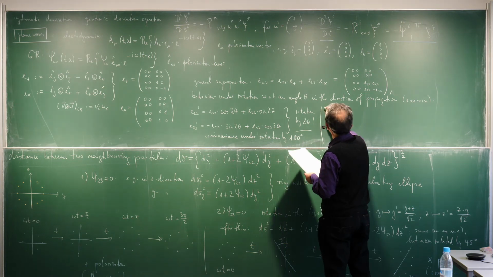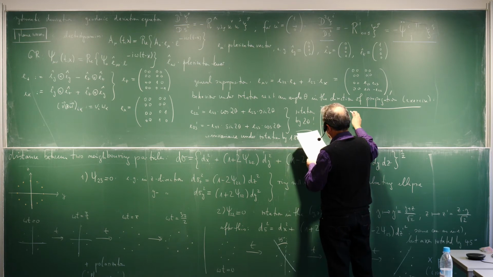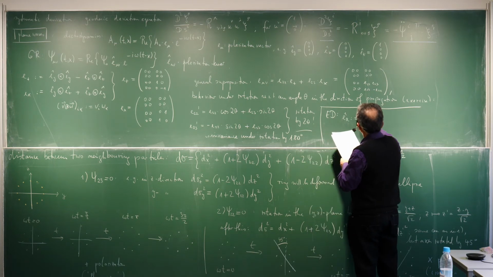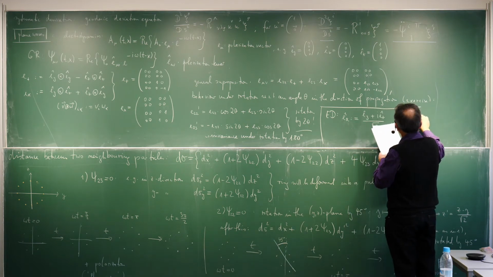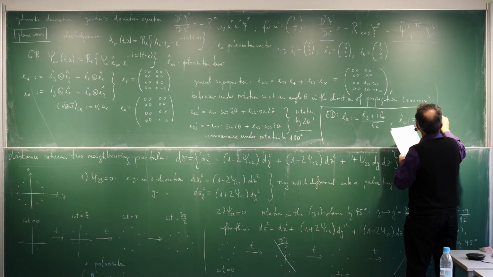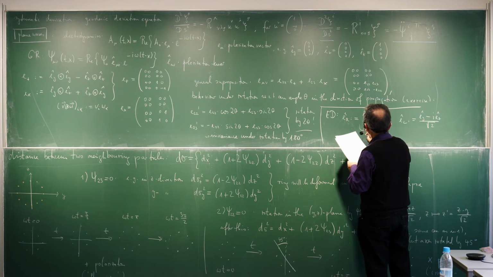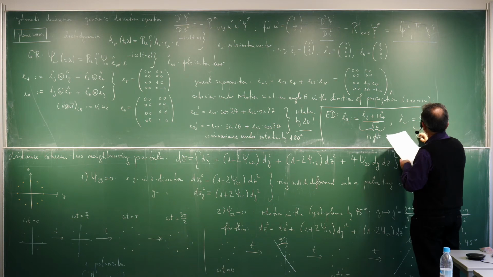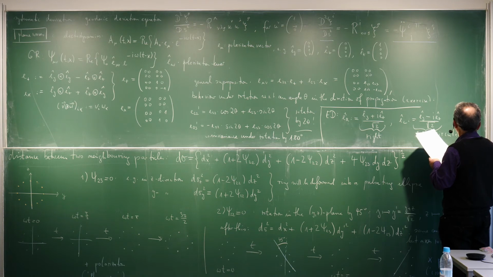So in electrodynamics, we have ER defined as EY plus i EZ over square root of 2, and EL defined as EY minus i EZ over square root of 2, and this is called the right, and this is called the left circular polarized state.